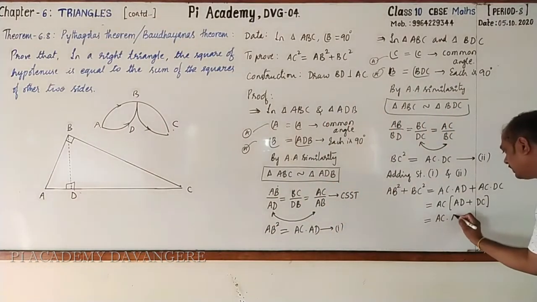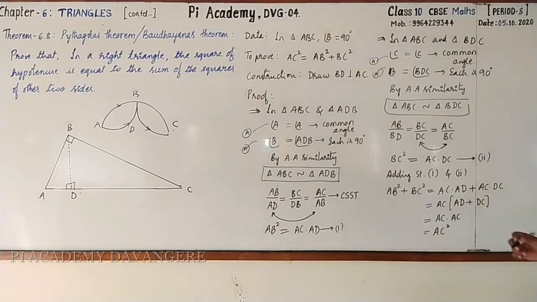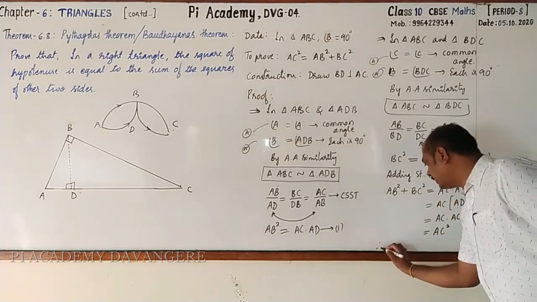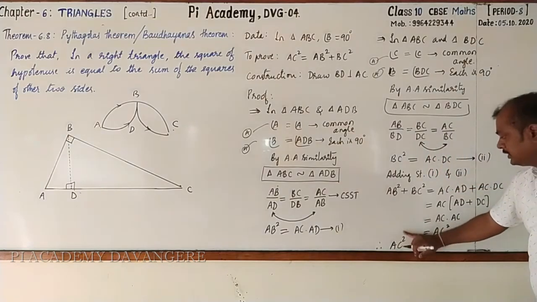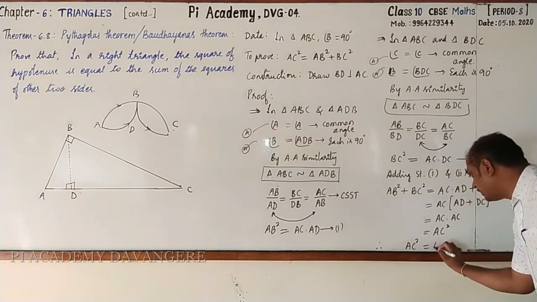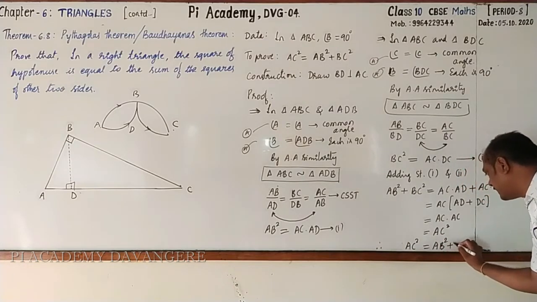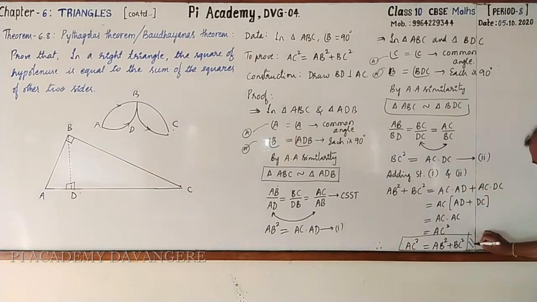So here I will write AC. What is AC into AC? AC square. Now finally we can write the conclusion that AC square is equal to AB square plus BC square. Hence the Pythagoras theorem is proved.